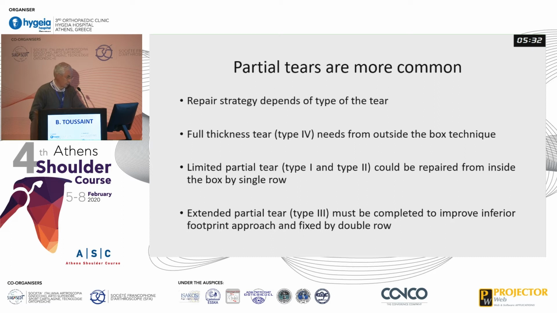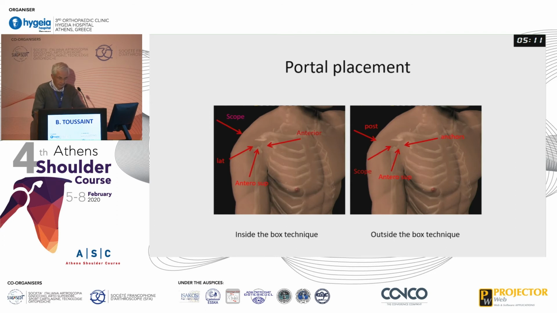And if you have an extended partial tear like type 3, you must convert the partial tear into a full thickness tear to improve the inferior footprint approach and fix it by a double row technique.